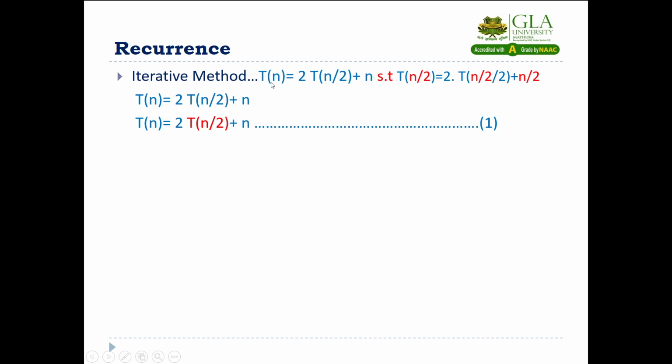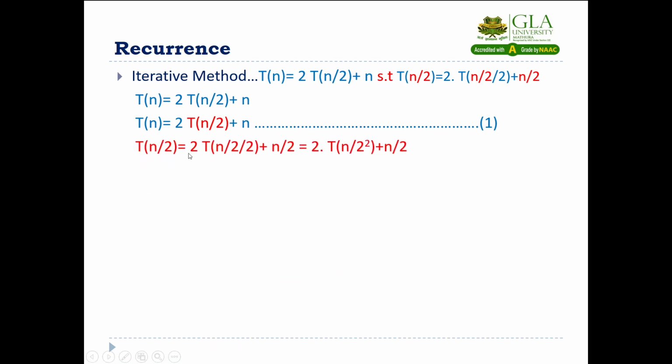Because if we have n here, then f(n) is our n. So if we have T(n/2) here, then here n/2. Here we already have 2, so we will keep the 2 as it is. But where we had n, here we have n/2, so we will have n/2 by 2. So we have replaced n by n/2, and we found the solution.